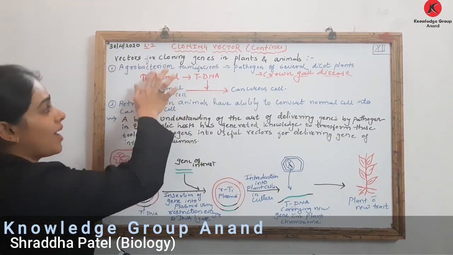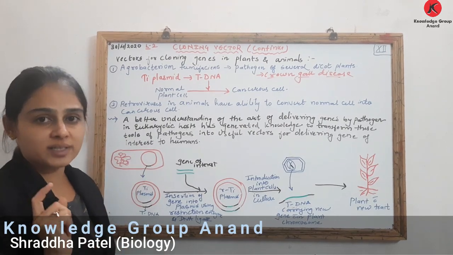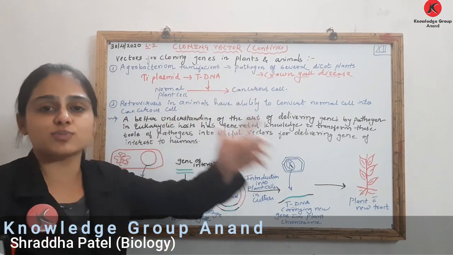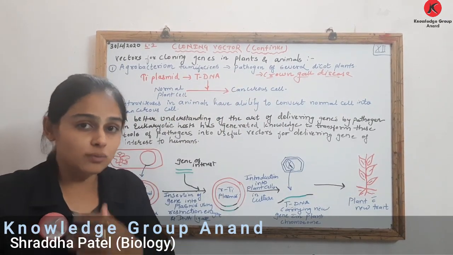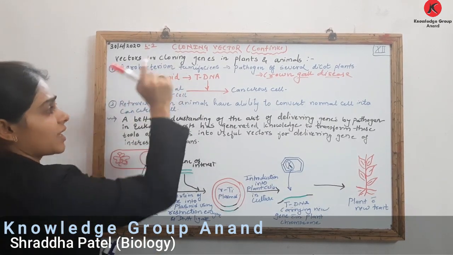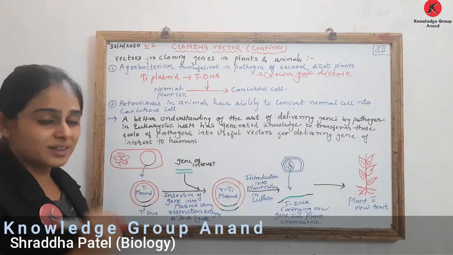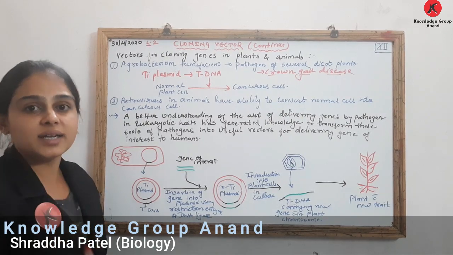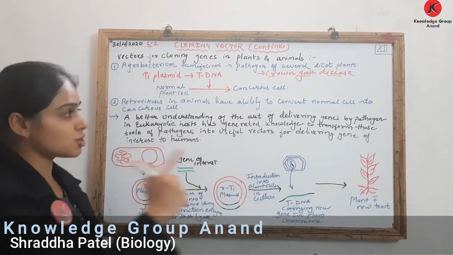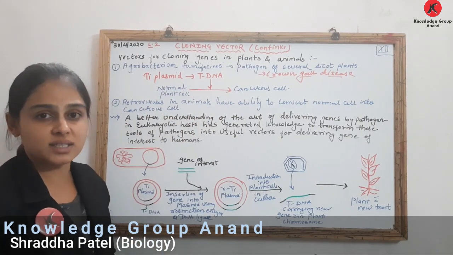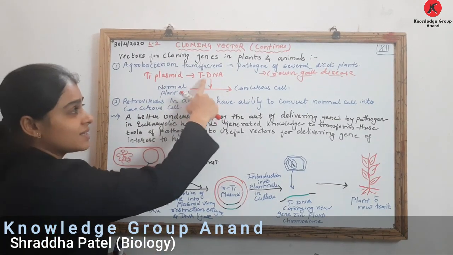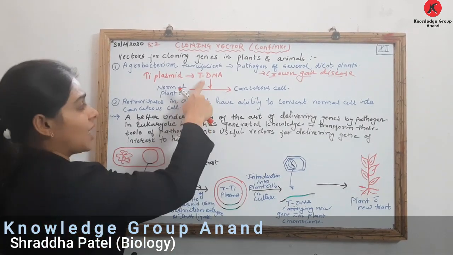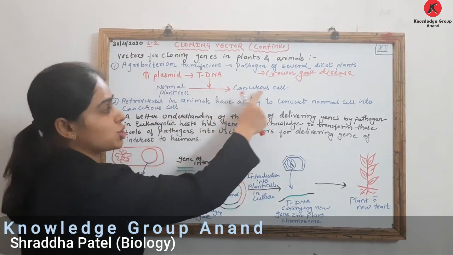So once again, Agrobacterium tumefaciens is a gram negative bacteria, pathogen of several dicot plants. Pathogen in the sense they are responsible for causing disease. Now look here, if I am talking about this Agrobacterium tumefaciens, the plasmid inside it is the Ti plasmid. In that Ti plasmid there is a particular gene called tDNA. Once this tDNA enters through a cut portion of root or stem, it converts normal plant cell into cancerous cell.